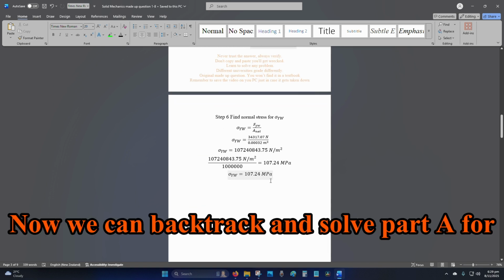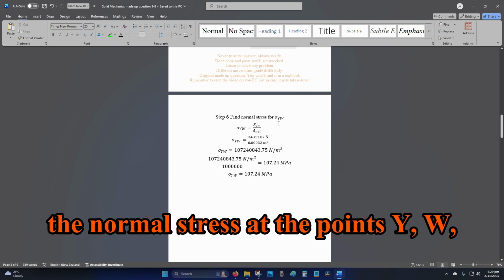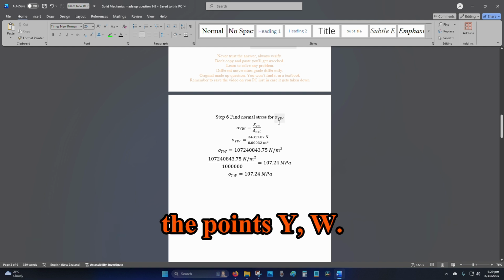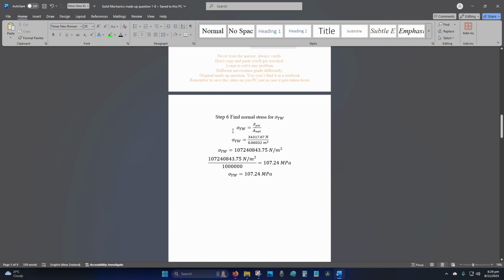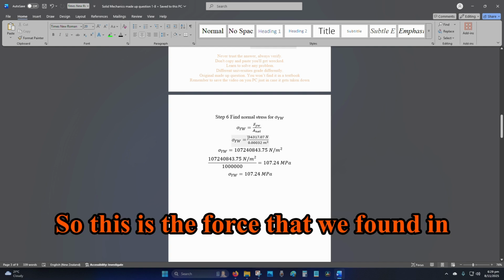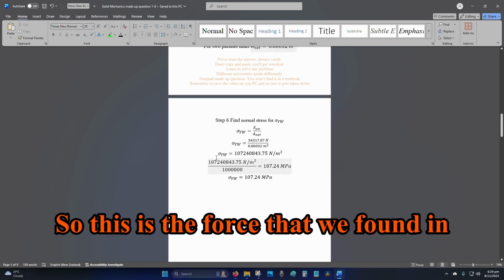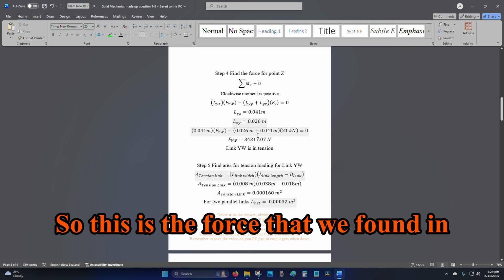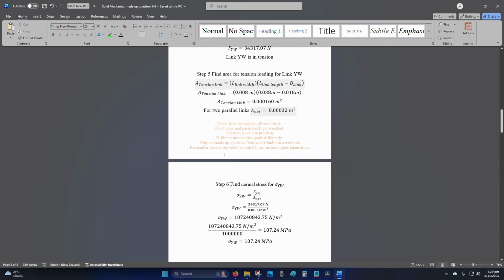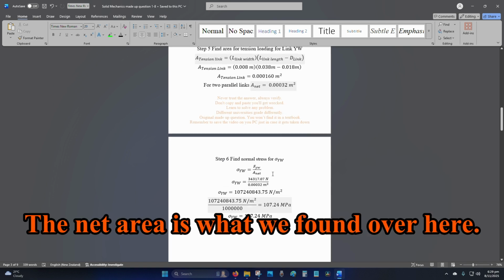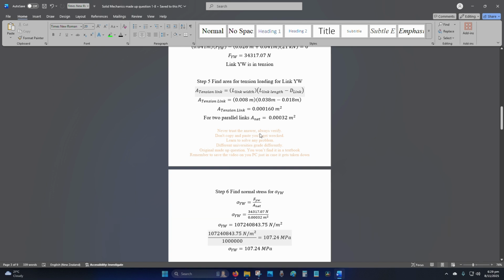Now we can backtrack and solve part A for the normal stress at the points YW. So this is the force that we found in step 4, and the net area is what we found over here.